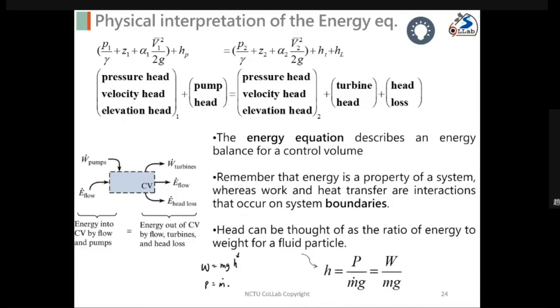And we know that for the power we need to divide it by a certain time interval. So if the question requires you to answer the power, it's very easy to compute the power by the mass flow rate times gh. And it's also equal to gamma Q h.